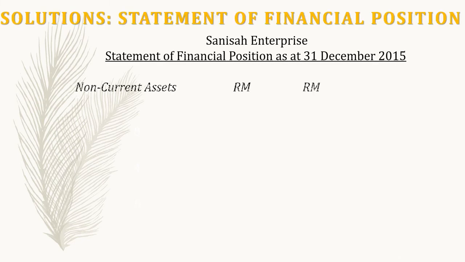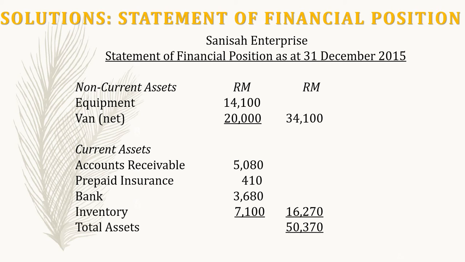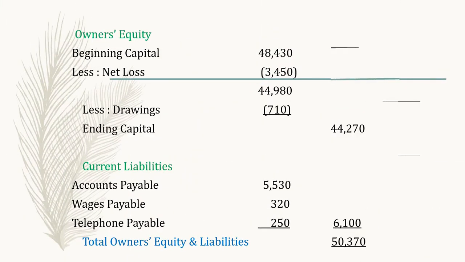So for your financial position statement, your non-current asset and then you have your current asset. So the total asset is 50,370 ringgit. As for your liabilities and owner's equity, for owner's equity, you have your beginning capital minus your net loss minus your drawings.